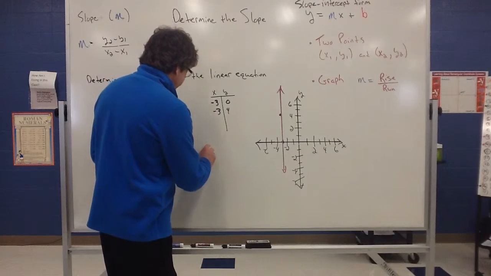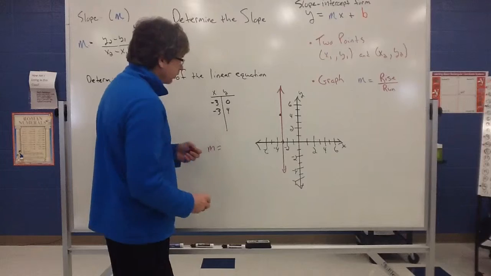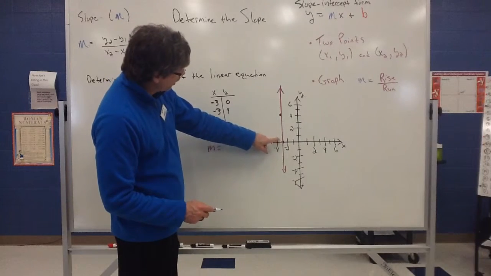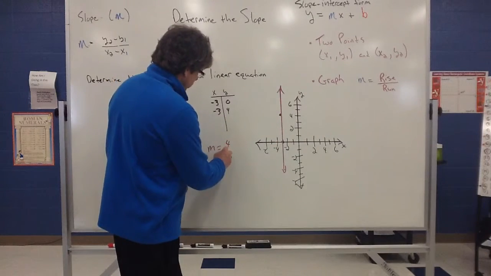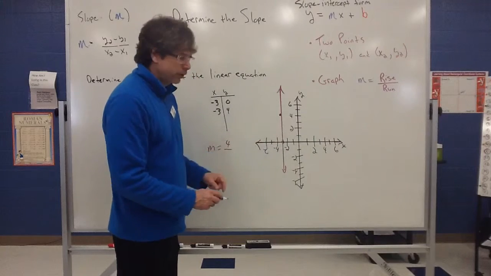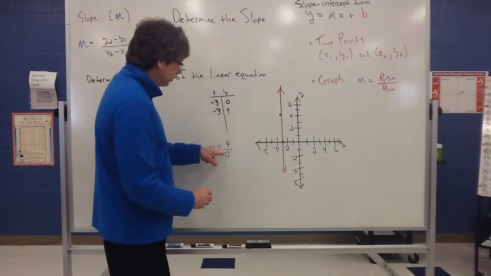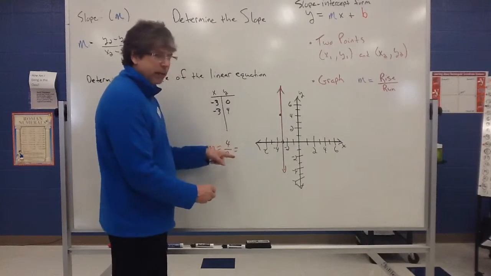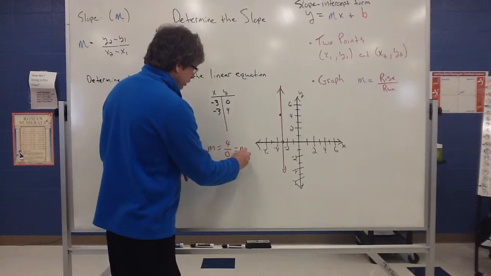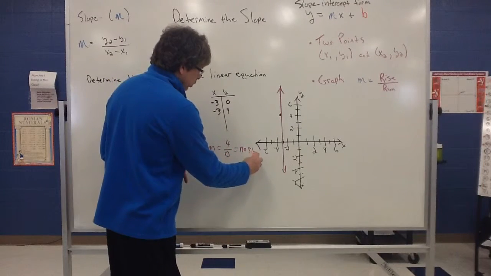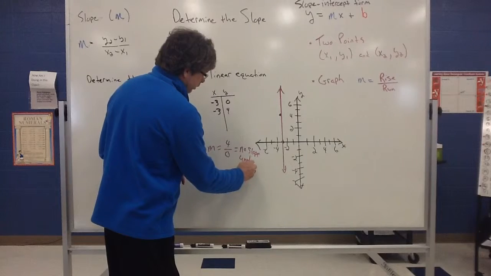So when we do the rise over the run, notice that there's a rise of 4, but there's no run. It doesn't move left or right. And remember, when that 0 is on the bottom, we can't divide by 0, so therefore we write down no slope, or we use the word undefined.